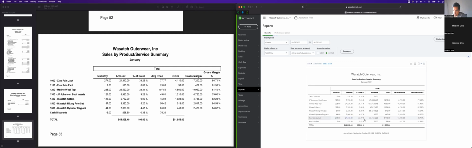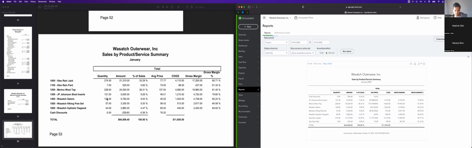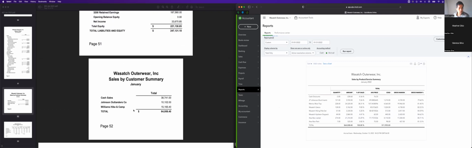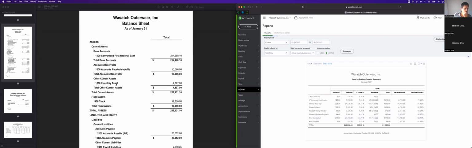So your cost, the amount, percentage, that looks good. Average price looks good. So this looks all correct. So the sales, assets might be where we need to look at the inventory asset.